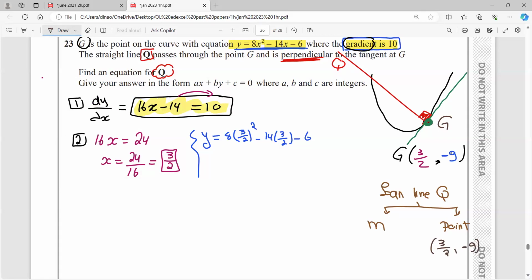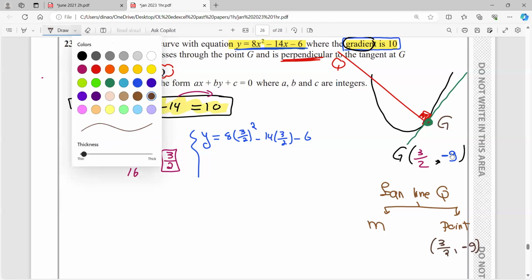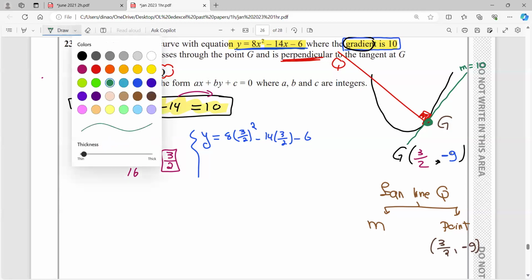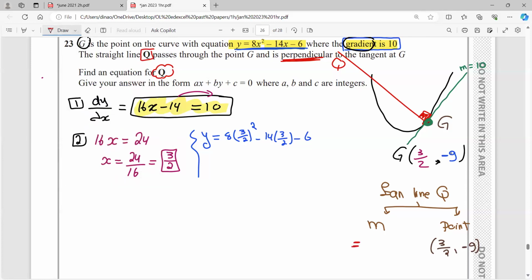What is the gradient of this red line? I know that the gradient of the tangent is 10, and it is given in the question. Since the red line is perpendicular, if you remember, flip the gradient and change the sign.